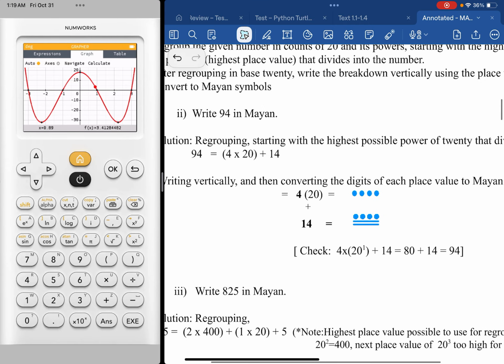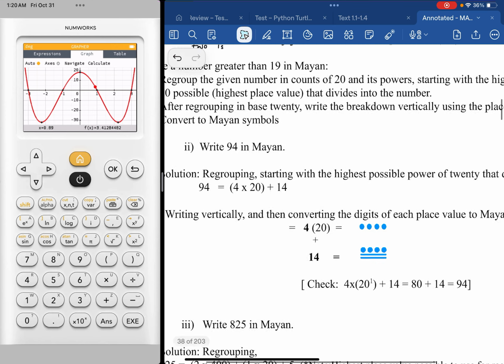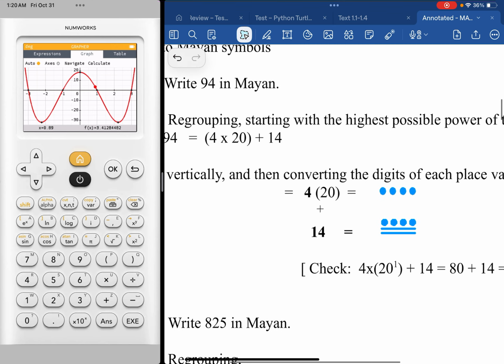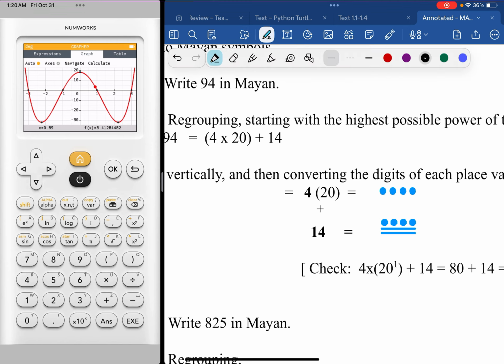825, without showing the answer, I'll show the breakdown. Well, really no way not to show it, but I'll try anyway. So 825, again, we're looking at the hierarchy: 20 to the 0th, 20 to the 1st, 20 to the 2nd, 1, 20, 400.